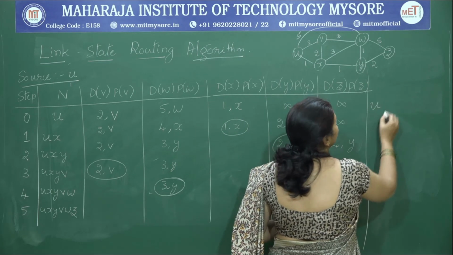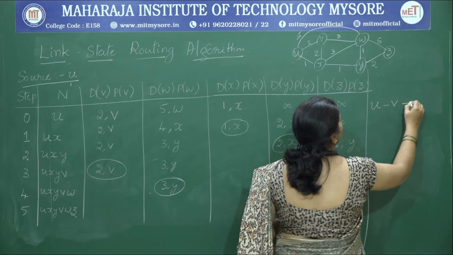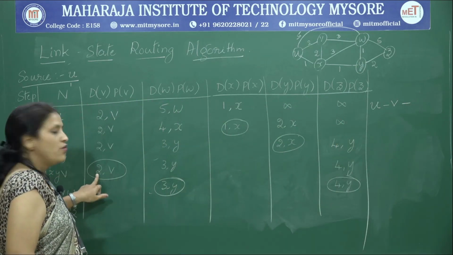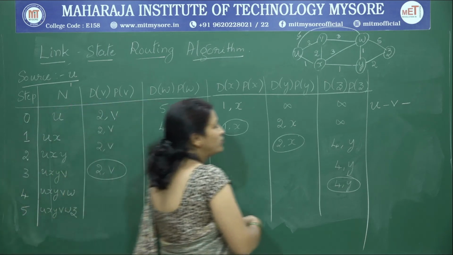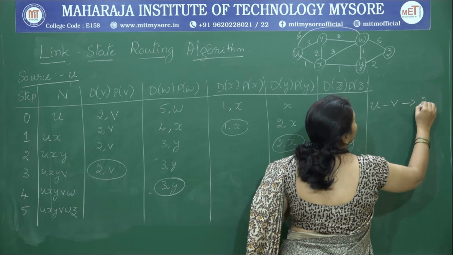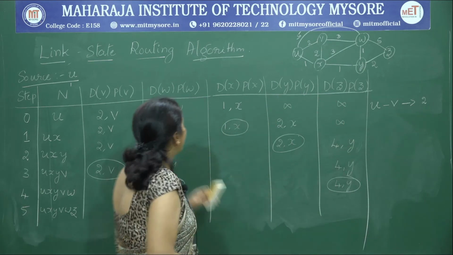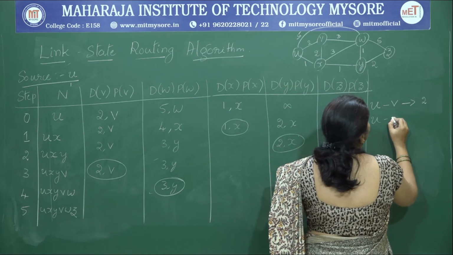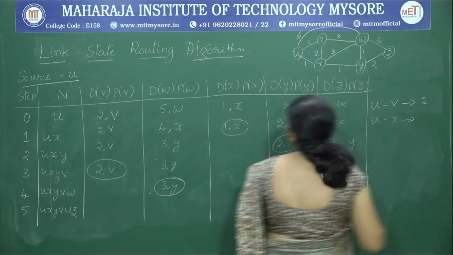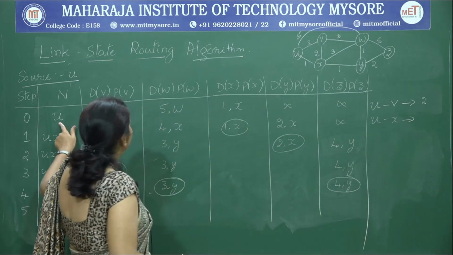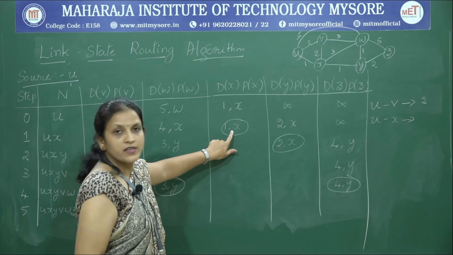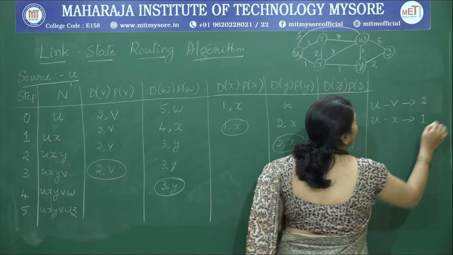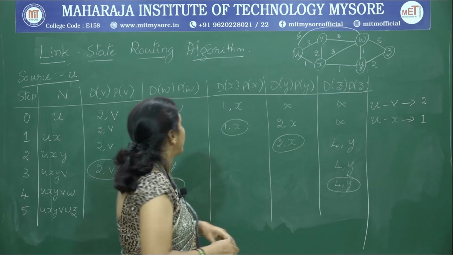From U to V, I have cost 2 which passes through V itself. From U to X, it takes cost 1 and it is direct, right. That is the shortest path.